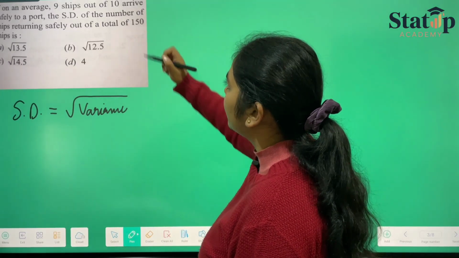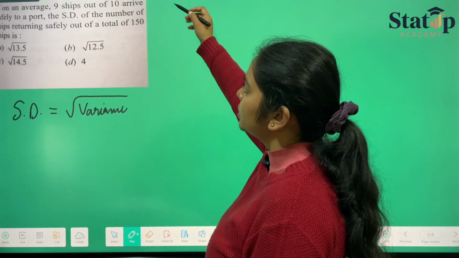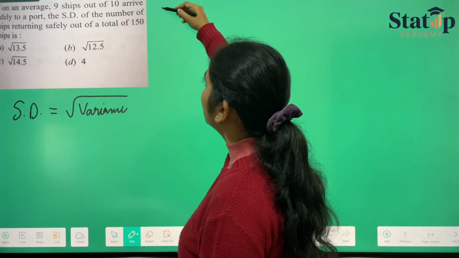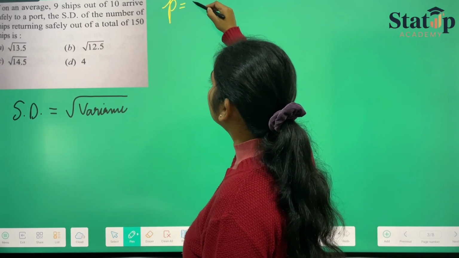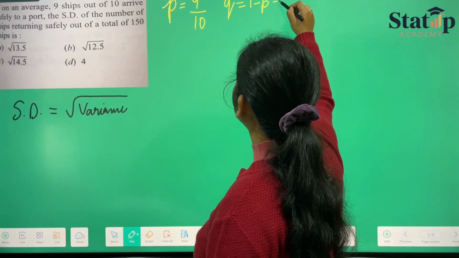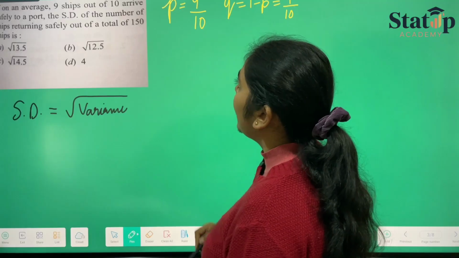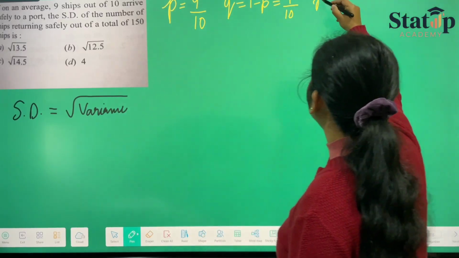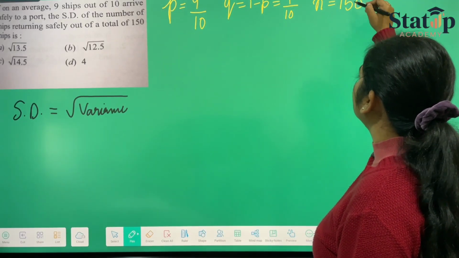So they have said that on an average 9 ships out of 10 arrive safely on the port. So the probability of success is 9 by 10, and hence Q will be 1 minus P, which is equals to 1 by 10. And the N they have given us that there are a total of 150 ships.